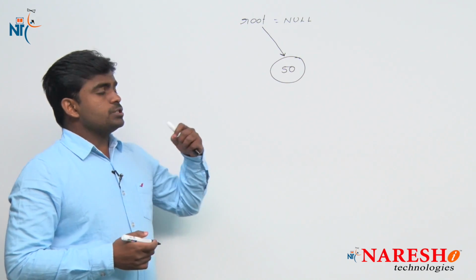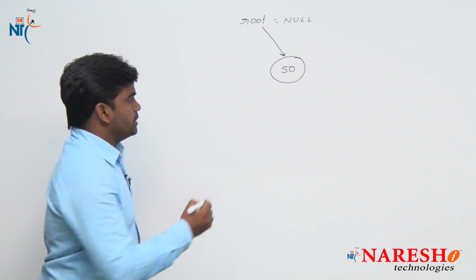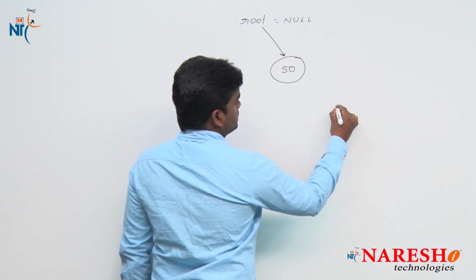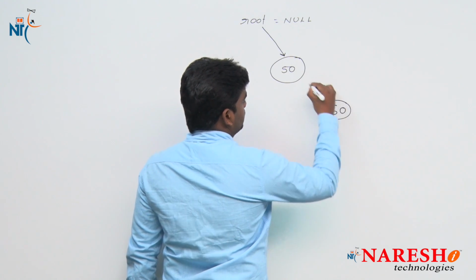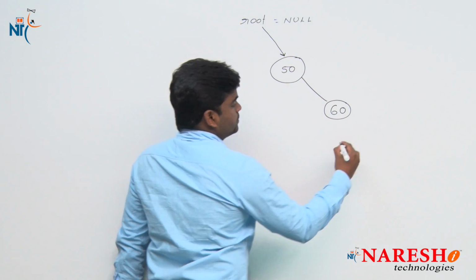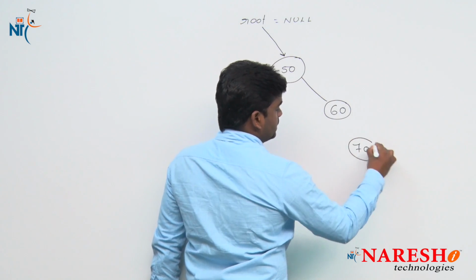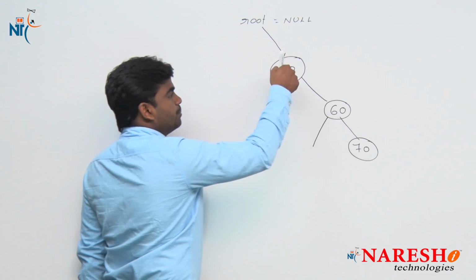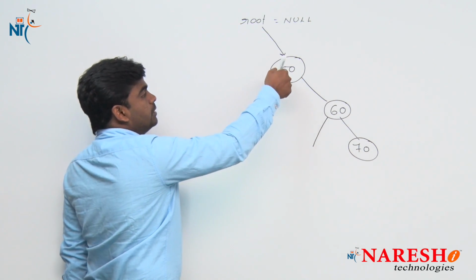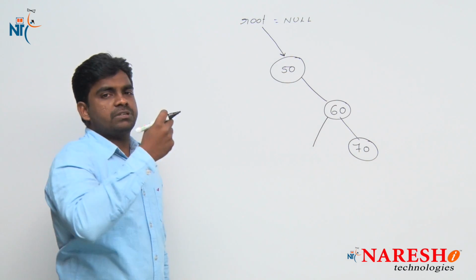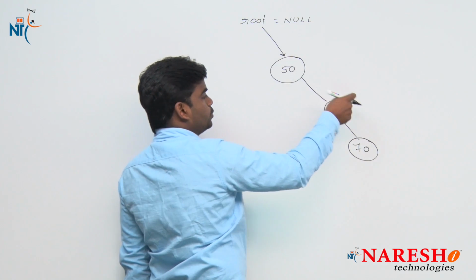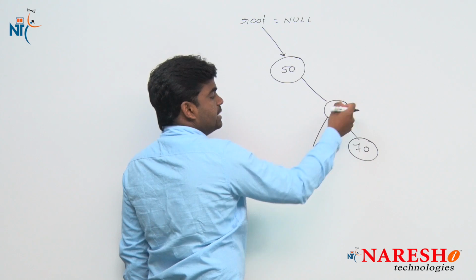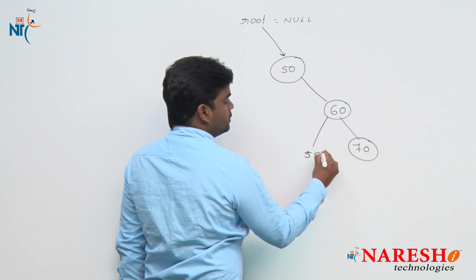Next, suppose we want to connect some other nodes. For example, 60 is connected to the right side. Next, 70 is connected to the right side. When 55 is compared with 50, it is a greater value; coming here, when compared with 60 it is a lesser value, so it will be connected here.